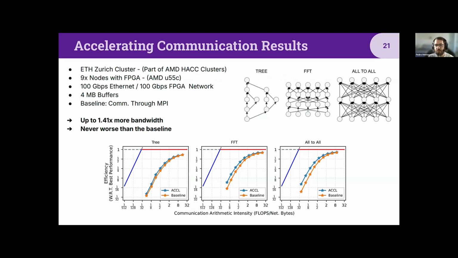We evaluate 3 types of graphs that are different in terms of communication: a light communication pattern, a medium communication pattern, and a high communication pattern. And here we have the results for each one of those.